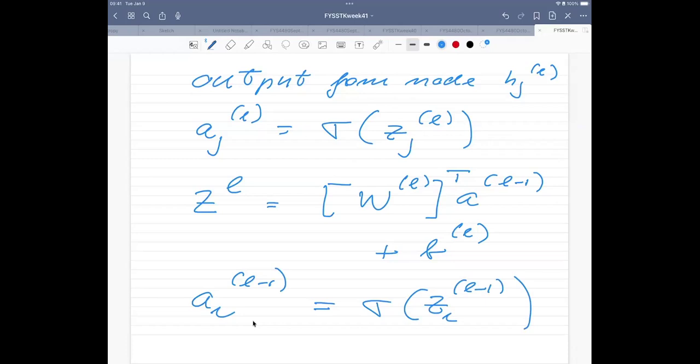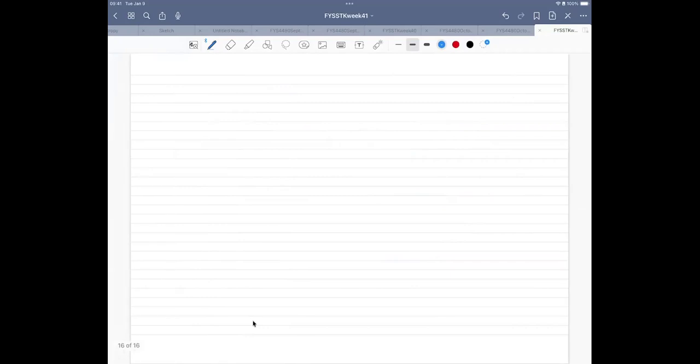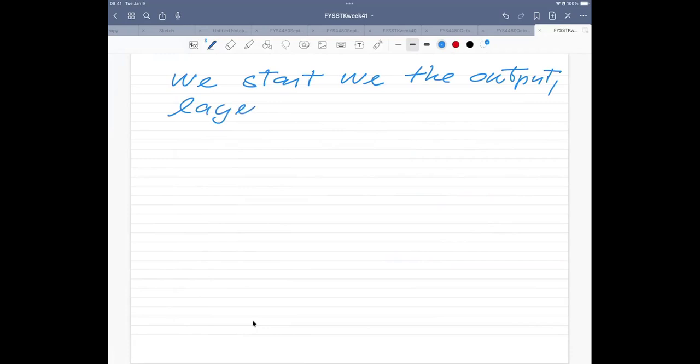Okay, so let's start with the last layer. So we start with the output layer, which is layer, which we are going to label with an uppercase letter L.